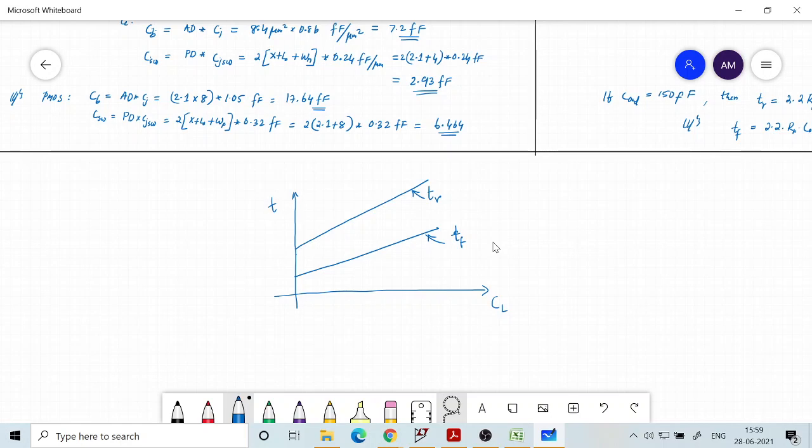You should get a straight line, and when load capacitance is 0, this value we will call TF0, and this value we will call TR0. So this is the dependence of rise time and fall time on the load capacitance. This you should study.